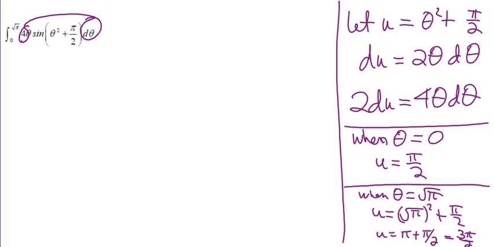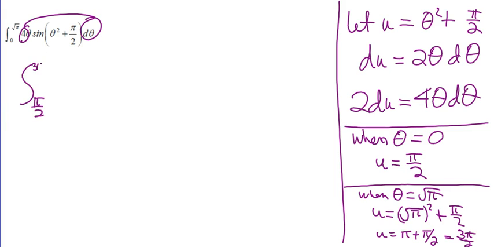So now this question becomes the definite integral from pi over 2 to 3 pi over 2 of, put a 2 in front, because we got the 2 du. Let's take our time.